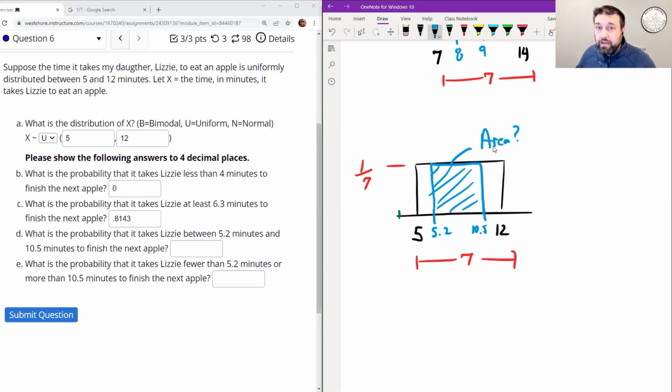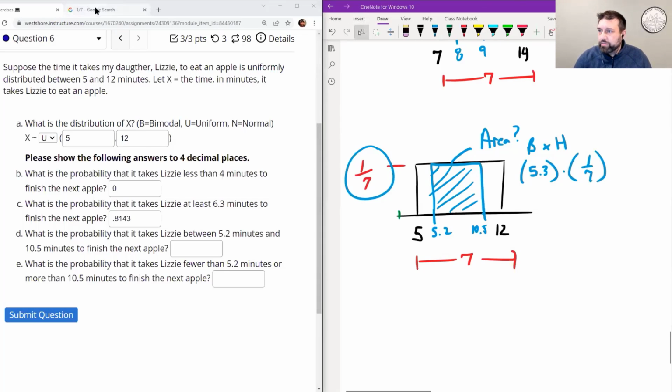Area and probability are used interchangeably here. The area is the probability, and the probability is the area. So if you find the area, you find the probability. They're the same thing, right? So the area is base times height. The base, 5.2 up to 10.5. I think that's going to be 5.3. And my height, I know that from the very beginning, 1/7.